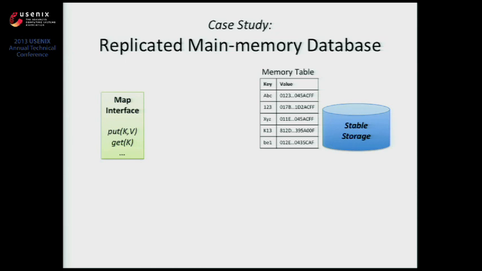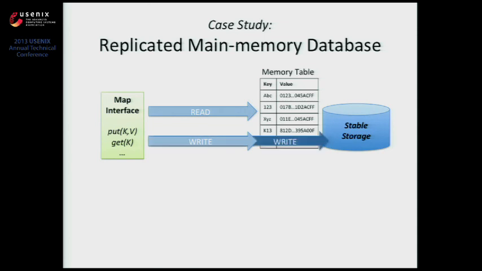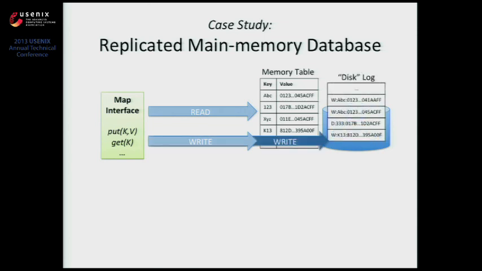But anyway, the idea here is that you have a simple map interface with put, get, delete, and so on. When you have a read, you access the data from memory and get it to the client. When you have a write, you update the table in memory, and also the stable storage, which is usually a log, okay? You append the operation to a log, okay?